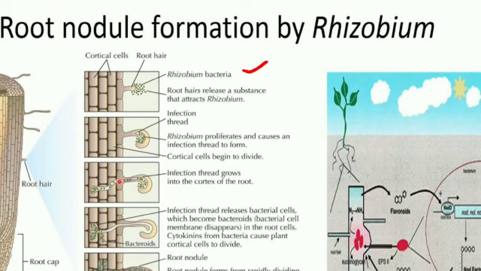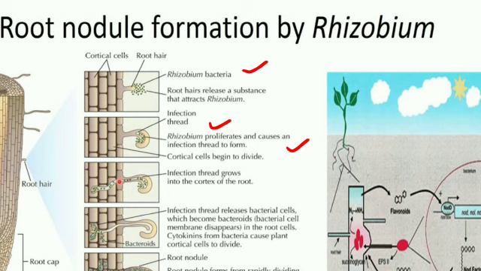Then when the rhizobium bacteria infect the root hairs, an infection thread is formed, and in that infection thread the rhizobium bacteria proliferate. Proliferate means what? Rhizobium bacteria multiply at a faster rate, and due to that the infection of the root hairs takes place and the infection thread is also formed.